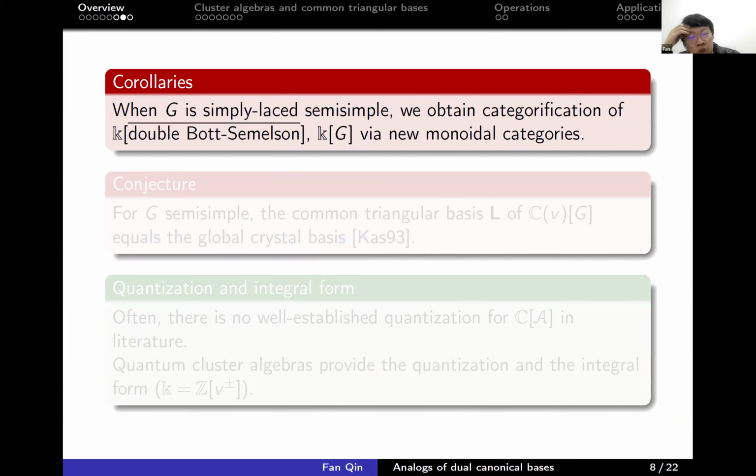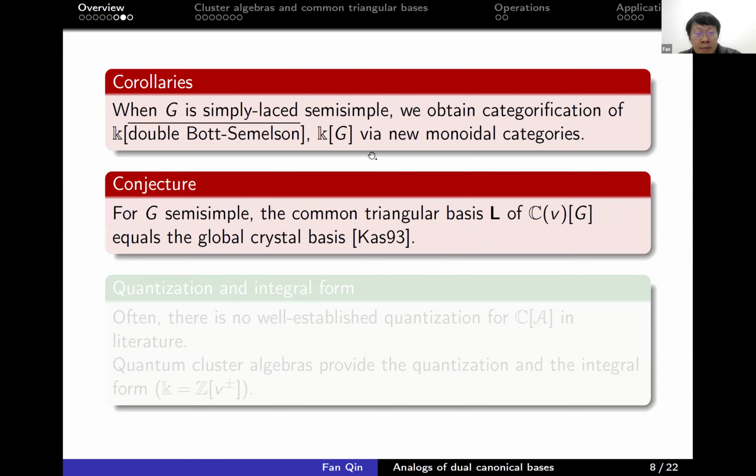For example, if you take G to be a simply laced semisimple Lie group, we obtain classifications of its coordinate ring or unipotent coordinate ring. And we also obtain classifications of something called double Bruhat cells' coordinate rings, with some new monoidal categories. Yeah. So here, instead of talking about quasi-categorification, we talk about categorification. This means that you do not have to do any base change, and you get exactly the categorification.